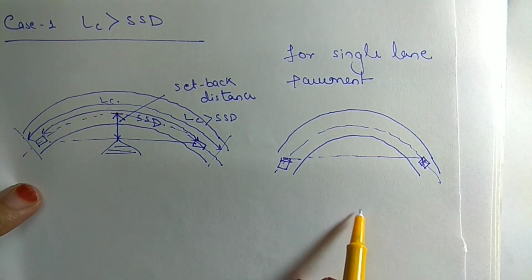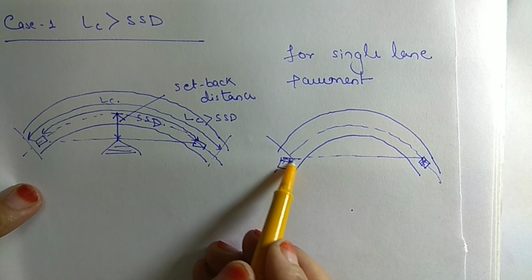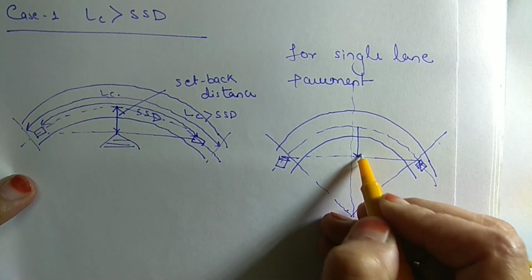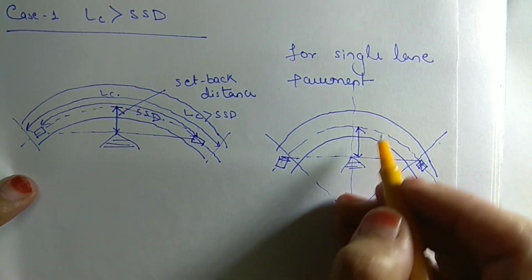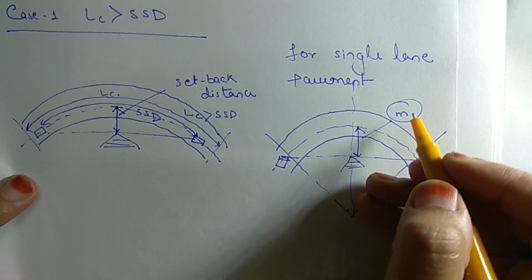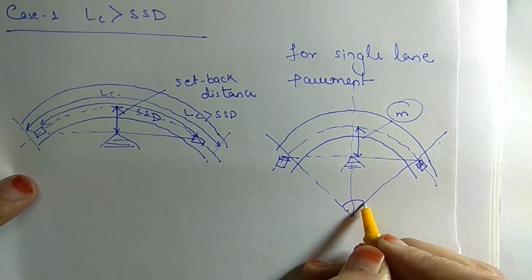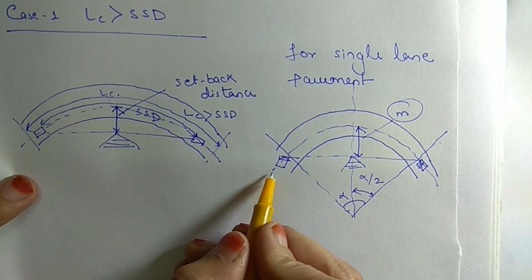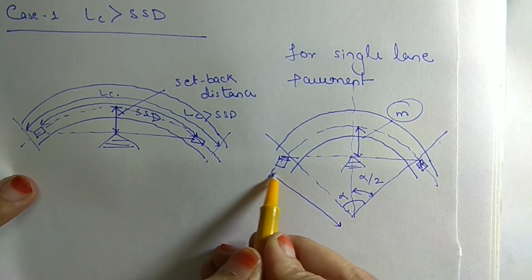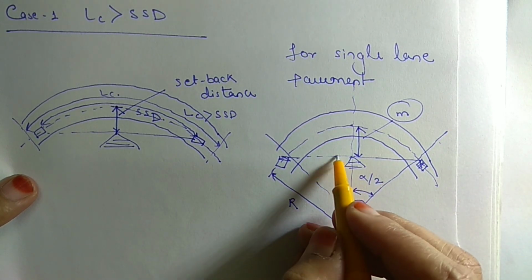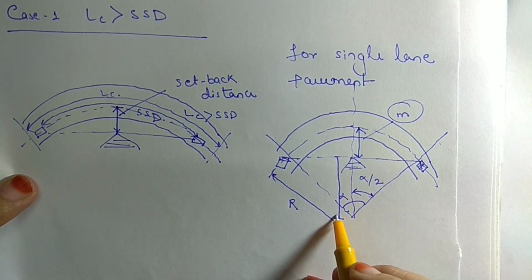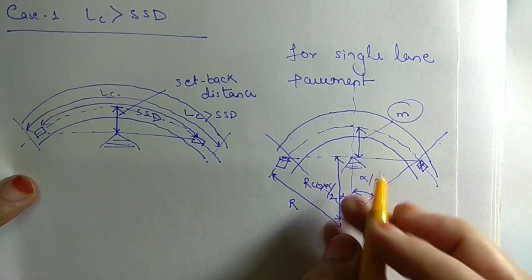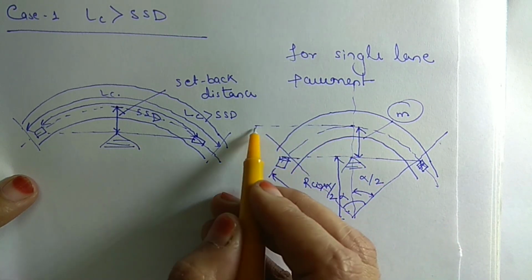Geometrically, suppose this is the center of this curve, and this distance is the setback distance, this is the obstruction, suppose this is M. If this angle is alpha, then this will be alpha by 2, and this is the radius of this curve R, then geometrically this distance will be R cos alpha by 2, and this distance is R, again the radius of circle.